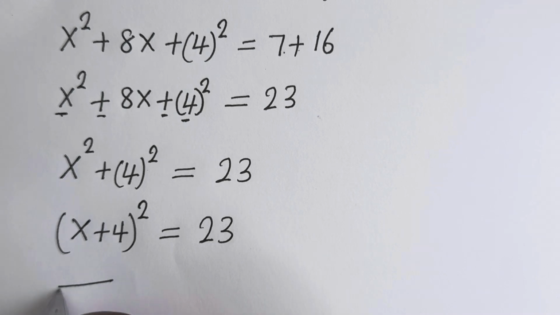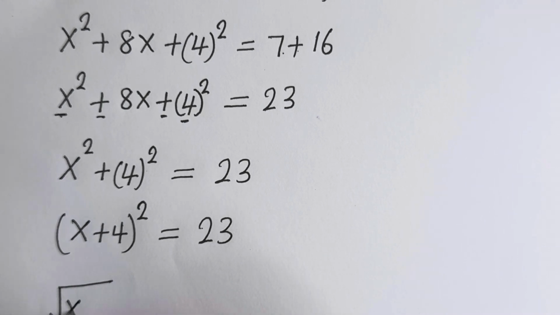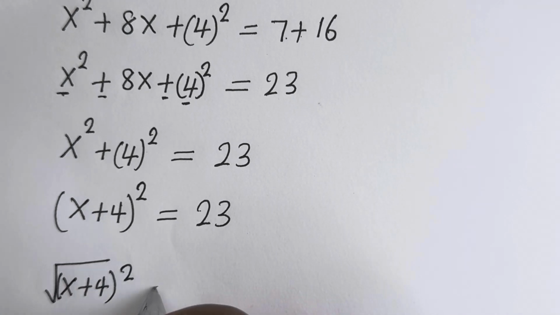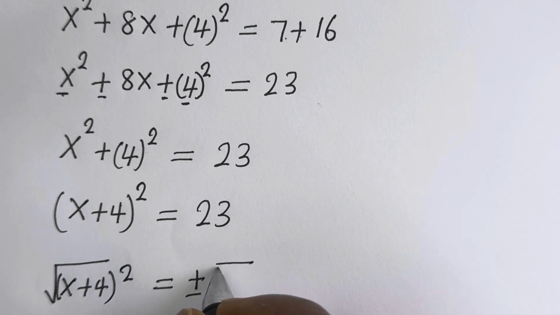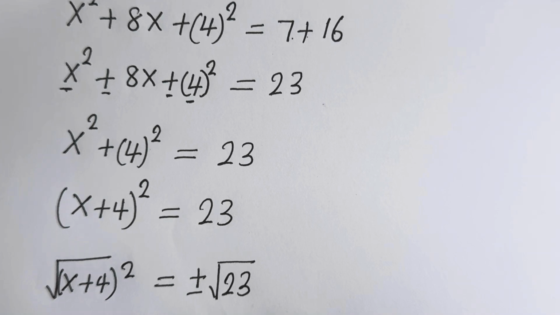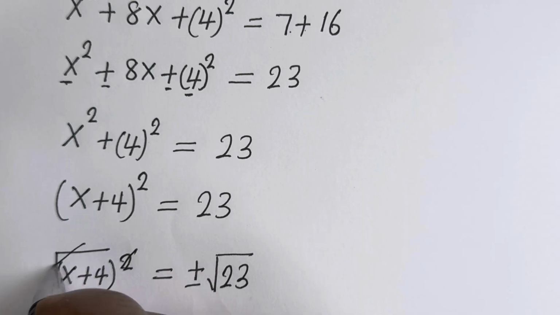This is square root of s plus 4 all square is equal to plus or minus square root of 23. This cancels this.